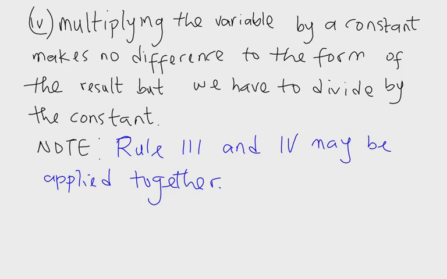Now this says multiplying the variable by a constant makes no difference to the form of the result, but we must divide by the constant. Look at this.